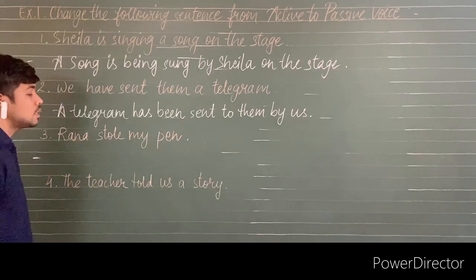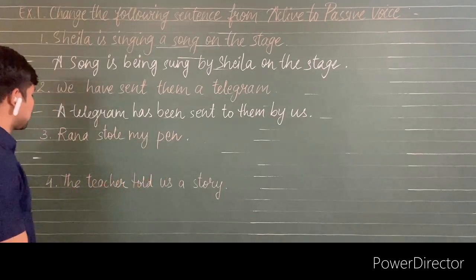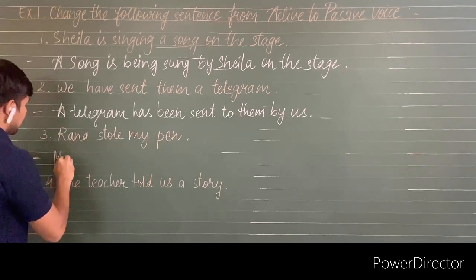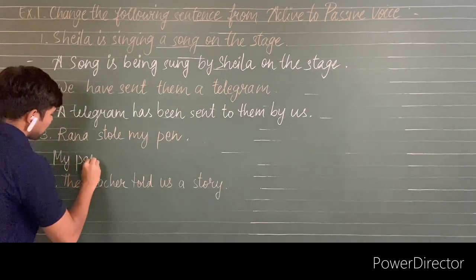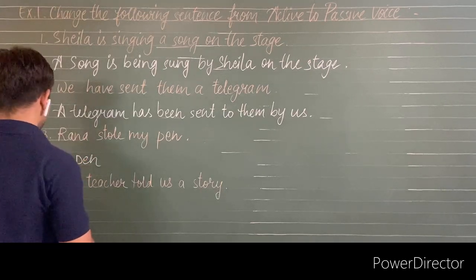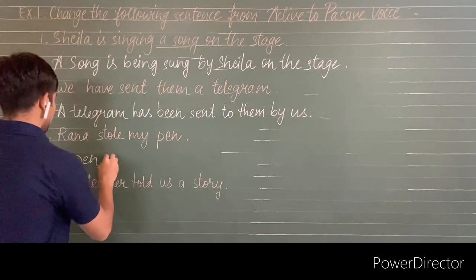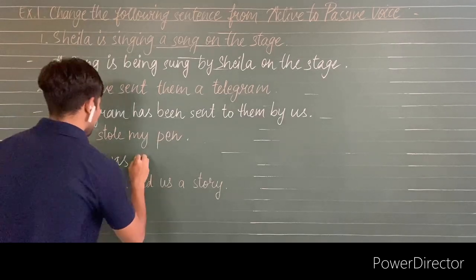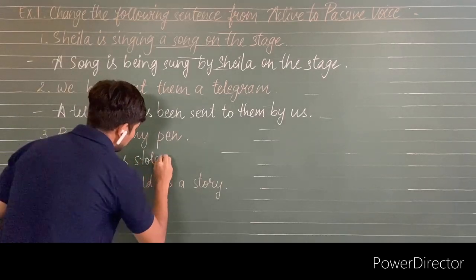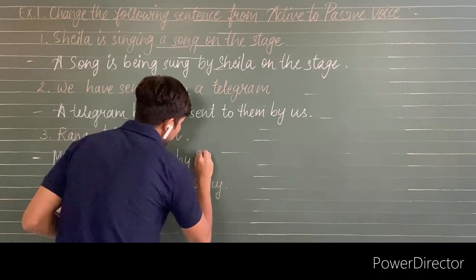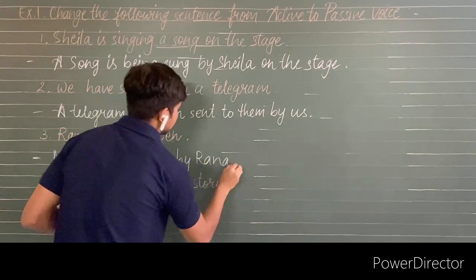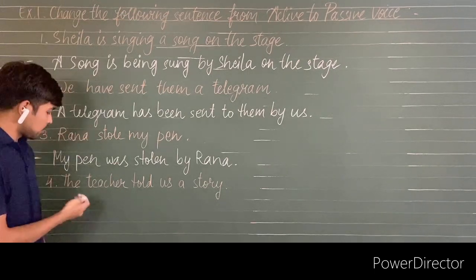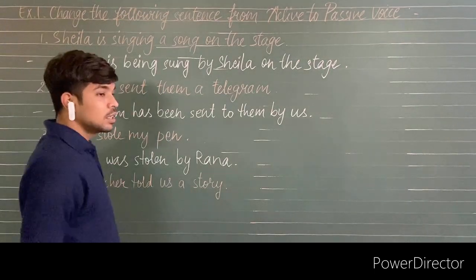Then the third one is "Rana stole my pen." So it's simple. "My pen was stolen by Rana." Right? Then we are having the fourth one. "The teacher told us a story."